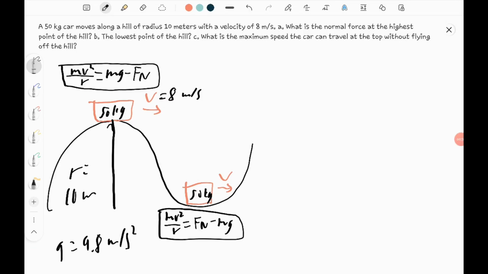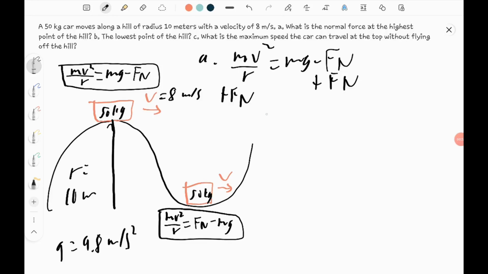Up here, we already have the equation for the normal force and net forces. So that's mv squared over r at the top for part A equal to mg minus Fn. All we have to do here is solve for the normal force. So let's add Fn on both sides.